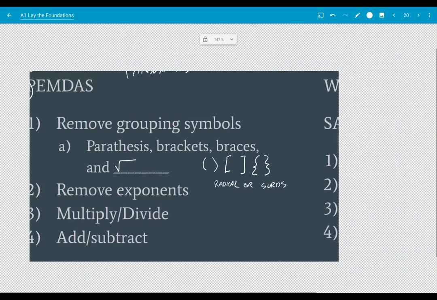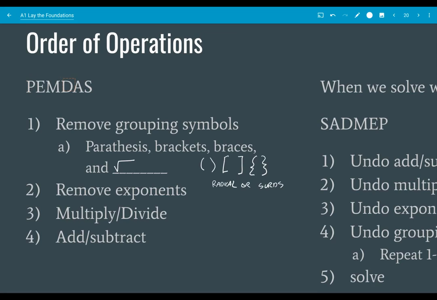So that's the P in PEMDAS. Okay. The E stands for remove exponents. So that means if you have something like that, you're going to get rid of the exponent.